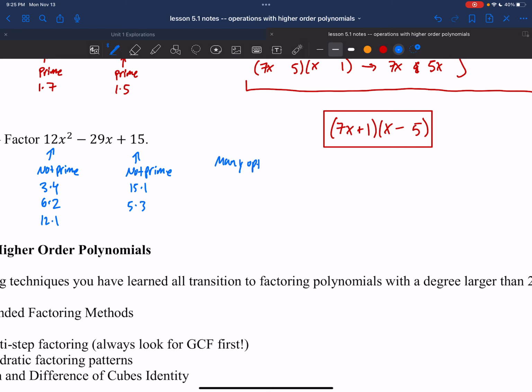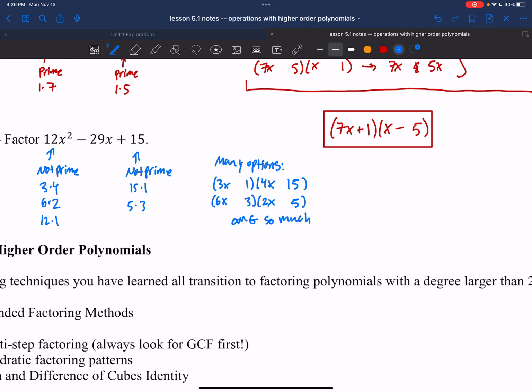If you only had 2 before, you have so many now, right? You have like 3x and 1 and 4x and 15, or you have like 6x and 3 and 2x and 5. Oh my gosh, so much.